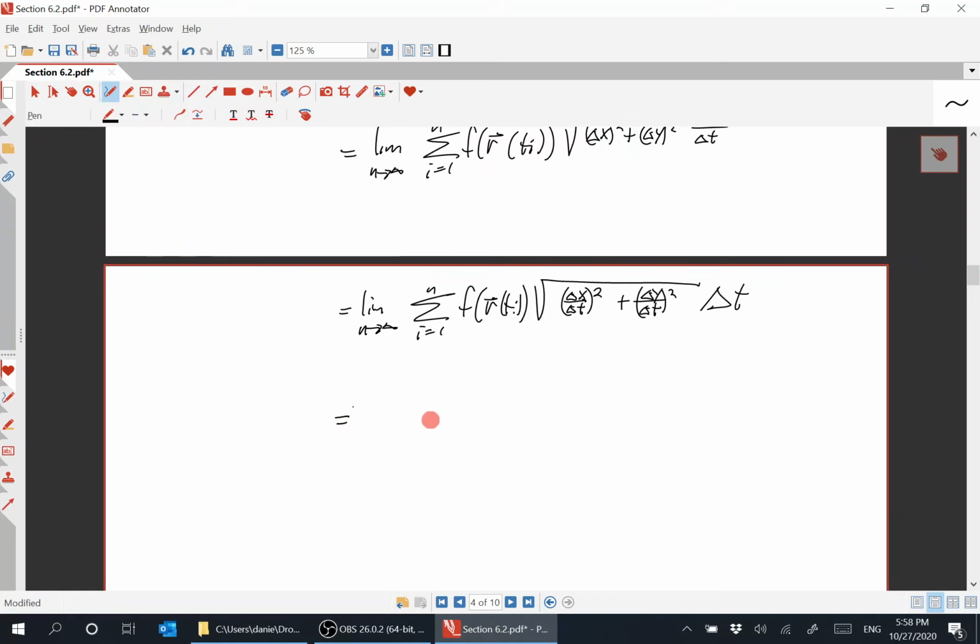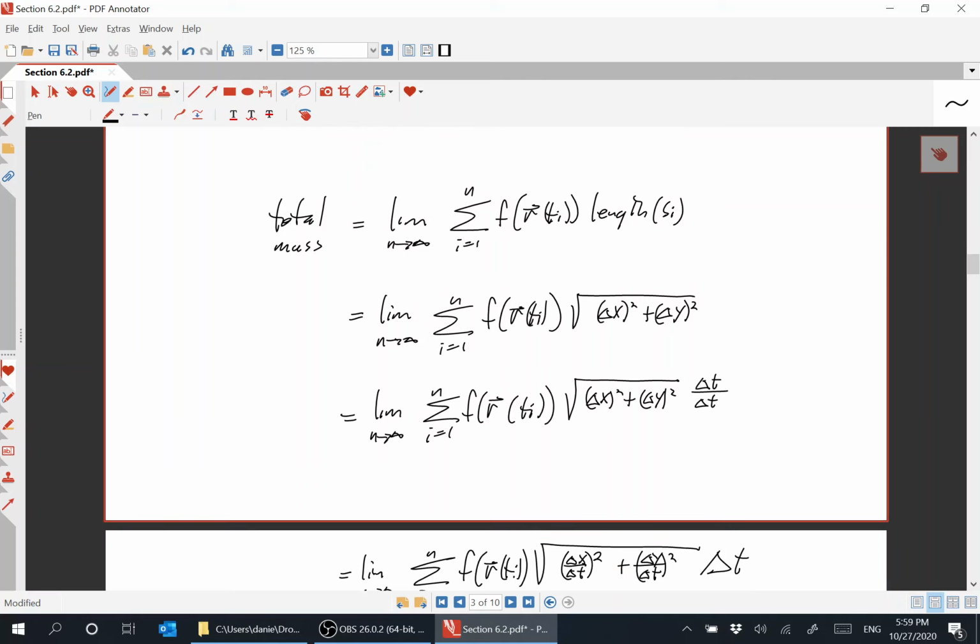So this is equal to the single integral from a to b of f of r of t, square root of dx/dt squared plus dy/dt squared, dt.